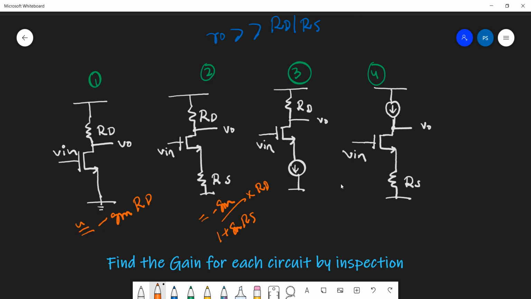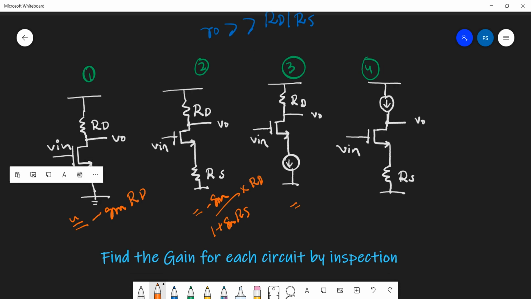For the third one, I would like you to think for some time and not directly apply equations. Just think about what is happening in the circuit and comment upon the gain. You can take 5 seconds. I hope you have tried to solve it on your own. What do you think will come here?